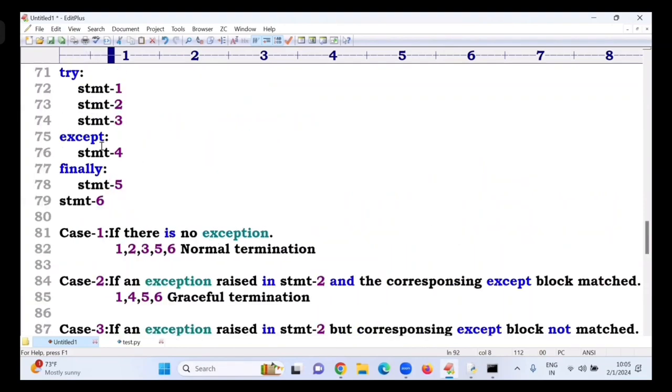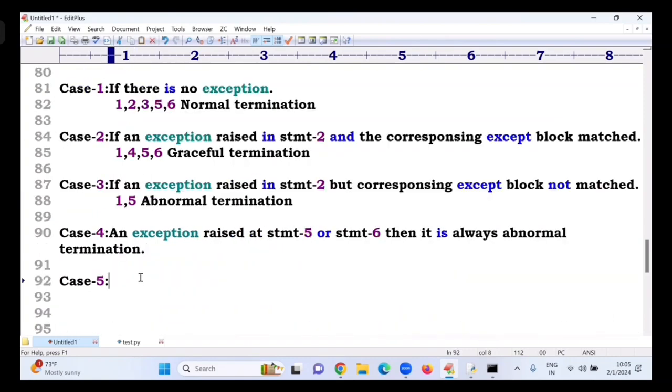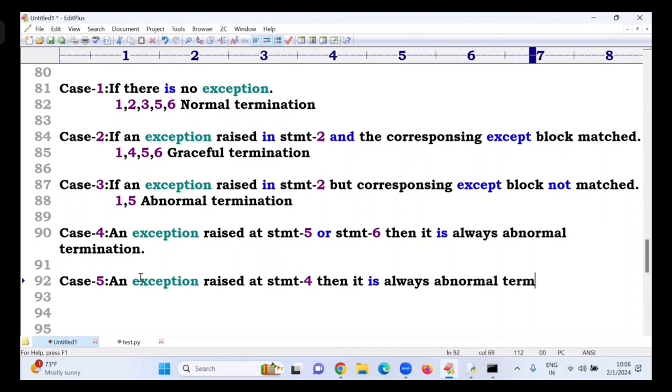So if any exception is raised in statement 4 by mistake, it should always be abnormal termination. But before that, the finally block will be executed, then the program terminated.